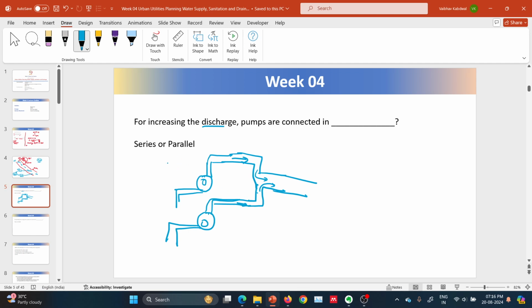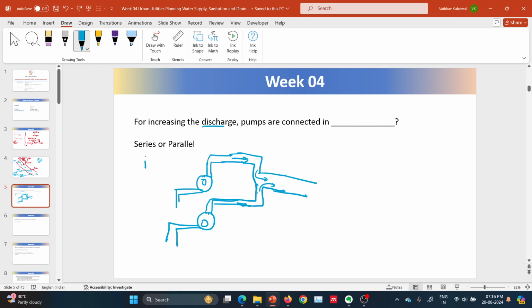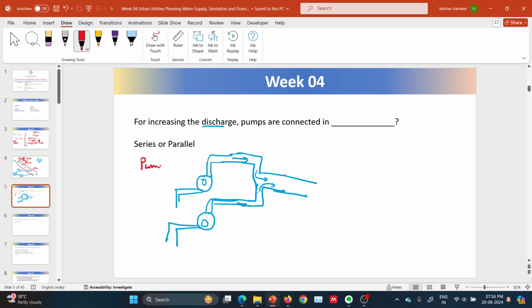So these are in parallel. This is pump 1, pump 2. So if this is Q1, this is Q2, here I will get Q1 plus Q2. So for increasing the discharge, the pumps need to be connected in parallel.